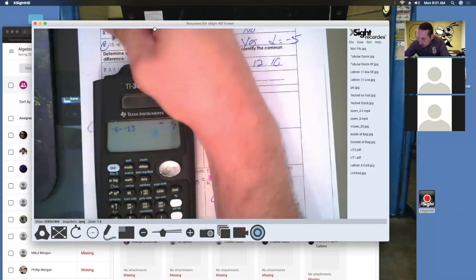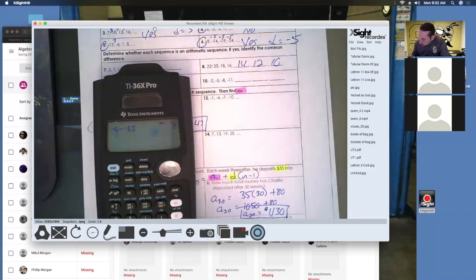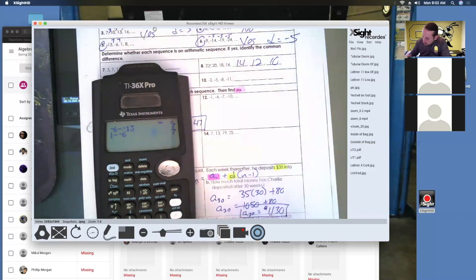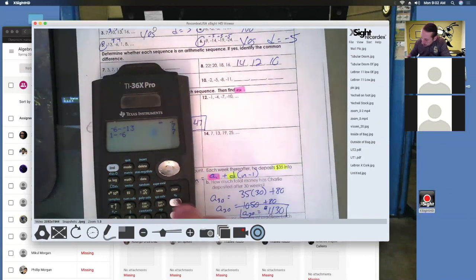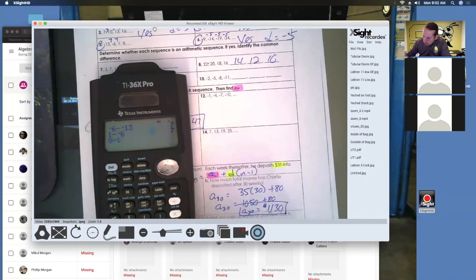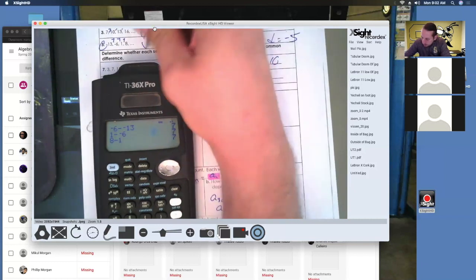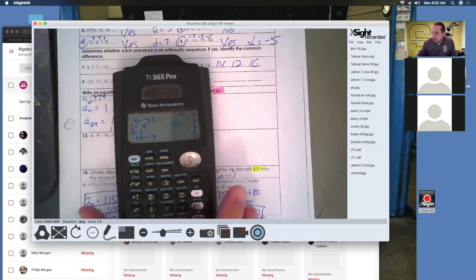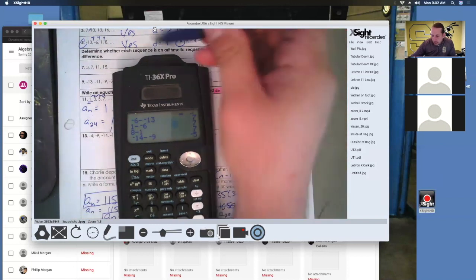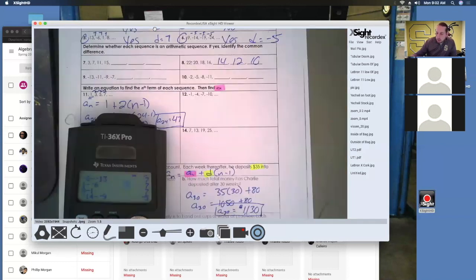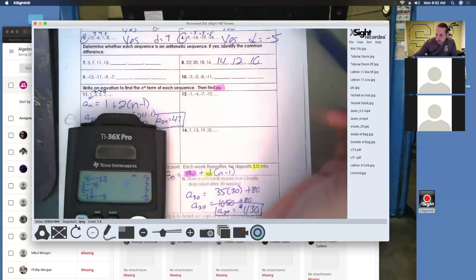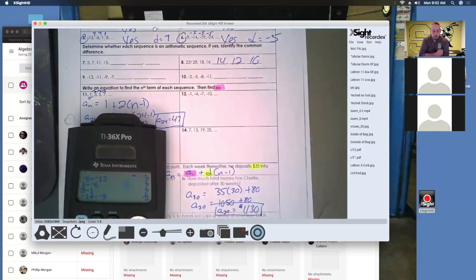So we find out they added 7. 1 minus -6, 7. 8 minus 1. So you can see they're adding 7 every time. You've got to be real careful to catch that sign, because on a multiple choice test, this will give you -7 as one choice, and this will give you +5, and that's where people would make their mistakes.